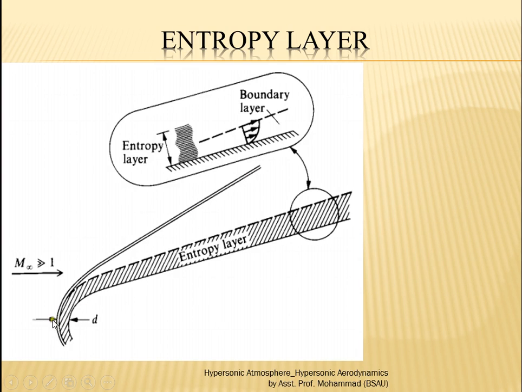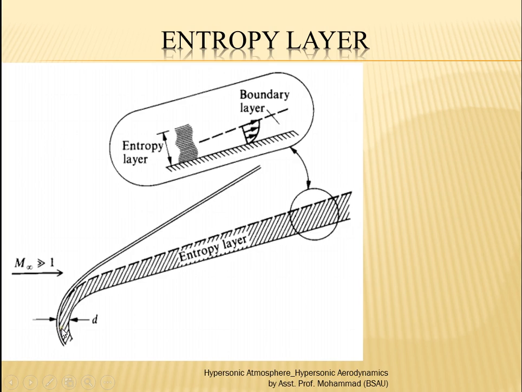Very near to the leading edge, the shock behaves almost like a normal shock. So the strongest region of the shock lies near the leading edge. Then gradually the strength of the shock keeps coming down from normal shock to a strong oblique shock, then to a weak oblique shock, and finally the Mach wave downstream of the flow.